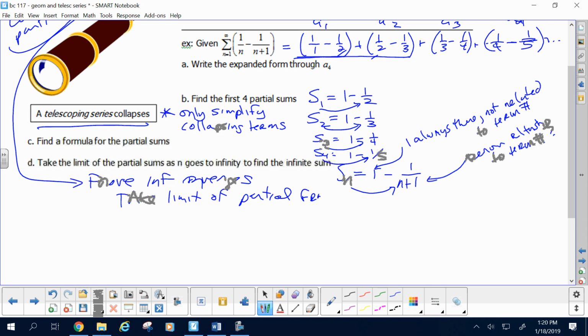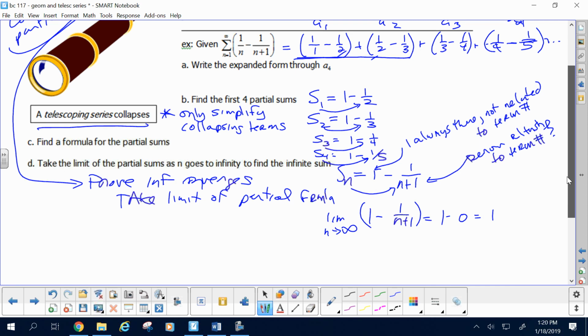The limit as n goes to infinity of 1 minus 1 over n plus 1 is, well, as n goes on, what happens to that thing being subtracted? A half, a third, a fourth, a fifth, it goes to 0, and therefore the sum approaches 1. It's an infinitely big number of terms, but it goes to 1.